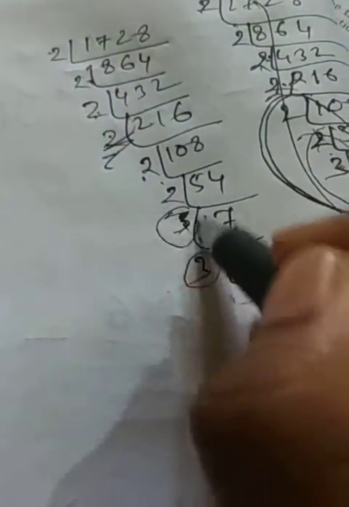I got 48, and 3 I took. Now what is left? 3 threes are 9, 9 fours are 36. So 48 minus 36 is 12. It is nicely coming.